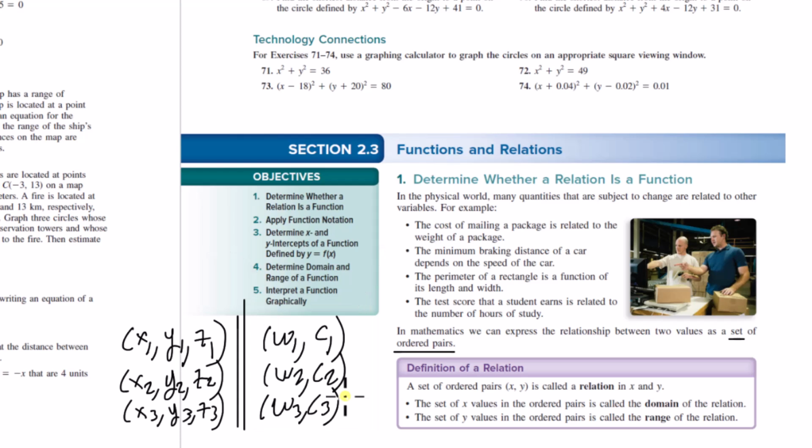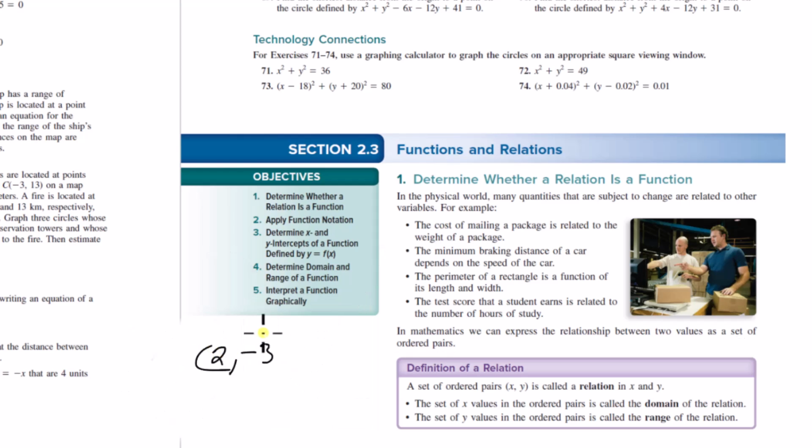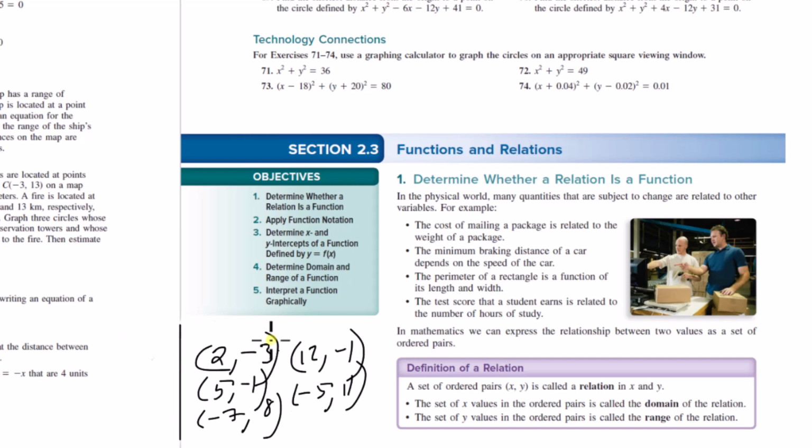So if we had a set of these ordered pairs, here's this relation, this group of 5 ordered pairs. The domain is, you have to input either 2, 5, minus 7, 12, or minus 5 in order to get some output. So the domain is 2, 5, minus 7, 12, minus 5. If you input something else, it's going to say there's no solution, no answer.